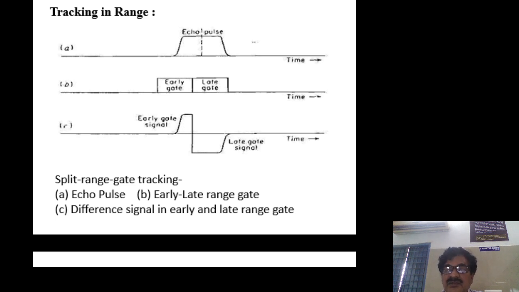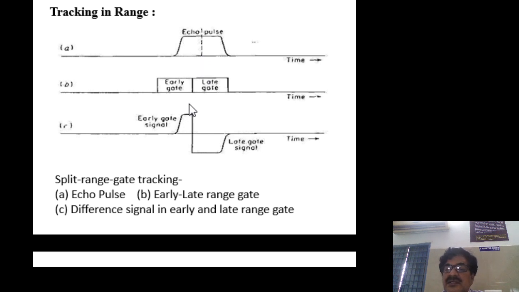In the realization, we have to use sample and hold circuits in place of the early gate and late gate. Let us assume that the target is in the correct tracking axis: the center of the early gate and late gate is aligned with the center of the echo pulse.